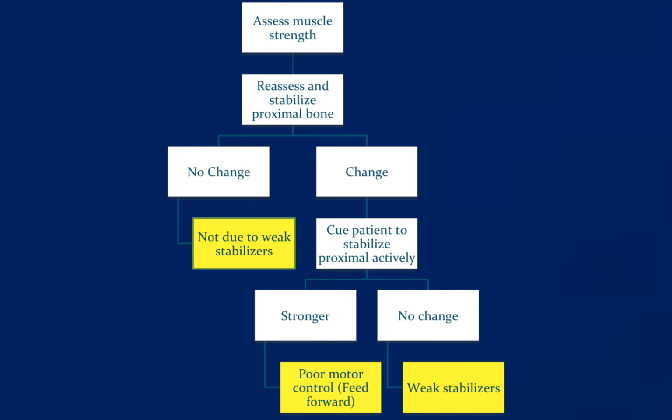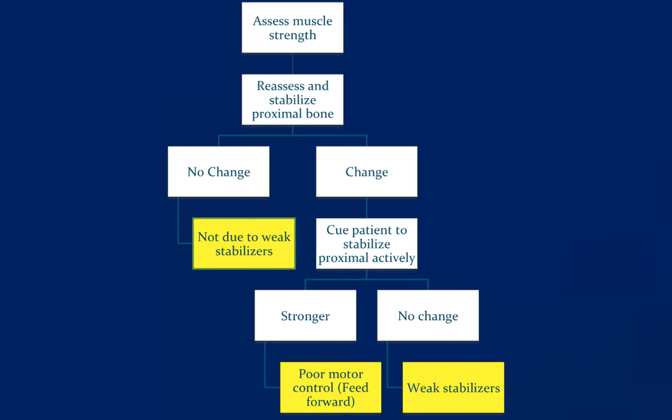We assess our muscle strength. If it's found to be weak, we reassess while stabilizing the proximal bone. If there's no change, we note that this weakness is not due to weak stabilizers. However, if we have improved strength when we reassess while stabilizing the proximal bone, that tells us that there may be a stabilizer issue here.